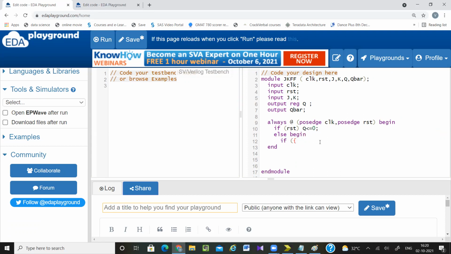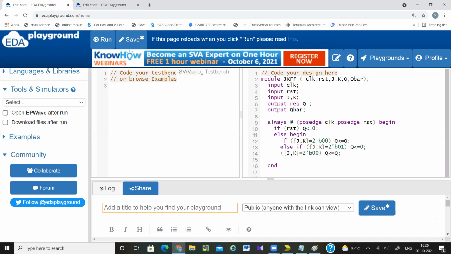So if JK equal to 0, 0, then output is equal to previous state. So Q equal to Q. Next, else if 0, 1, output equal to 0.